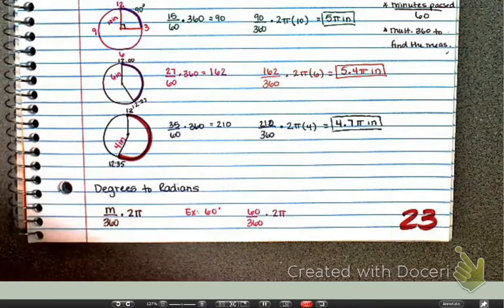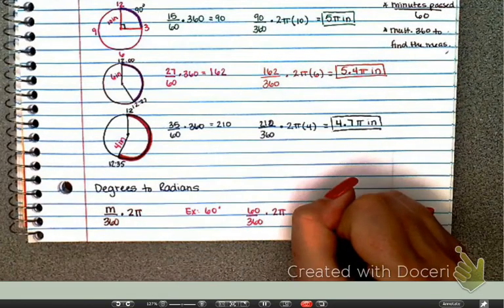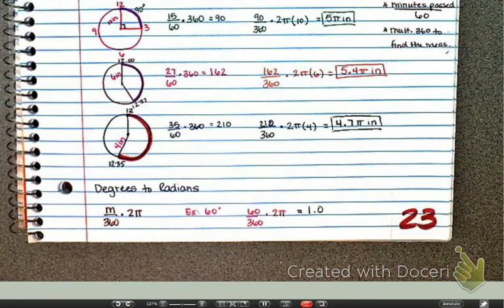So for example, if my degree is 60, I would have 60 over 360 times 2 pi. And this is going to be the only problem where I ask you to multiply through by pi. Pi cannot be in your answer.